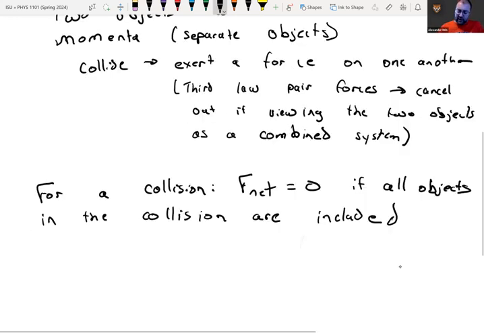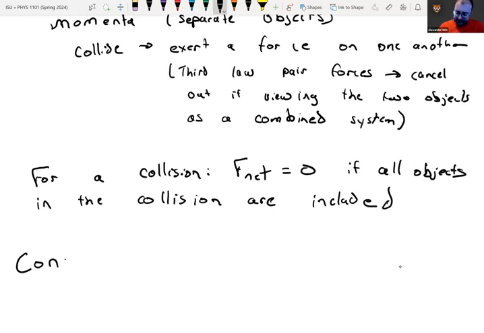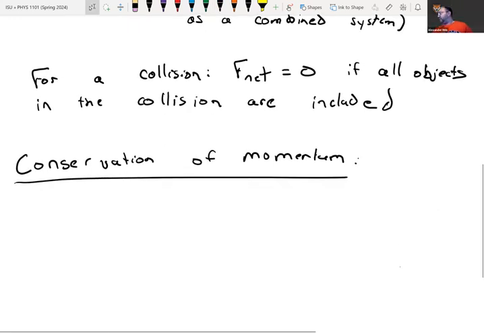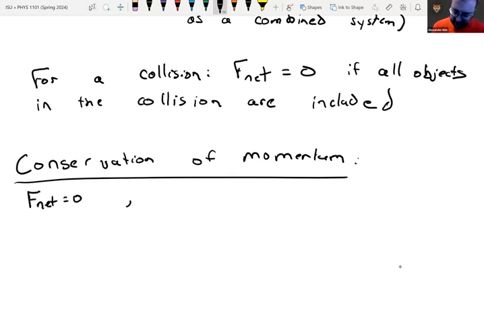Well, according to the conservation of momentum, if we have F net equals 0, then delta P equals 0.